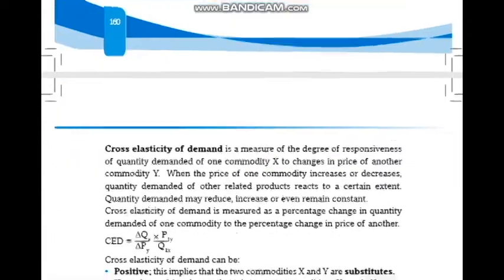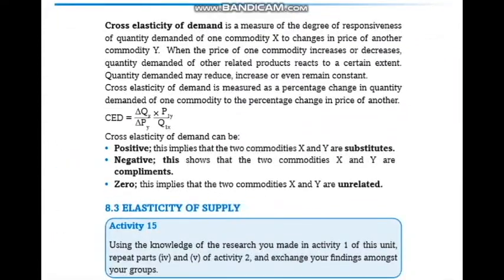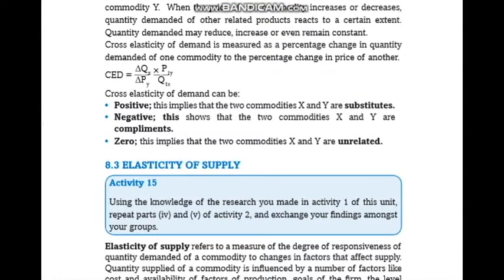Cross elasticity of demand is a measure of the degree of responsiveness of quantity demanded of one commodity X to change in the price of another commodity Y. When the price of one commodity increases or decreases, quantity demanded of other related products reacts to a certain extent. Quantity demanded may reduce, increase, or even remain constant.